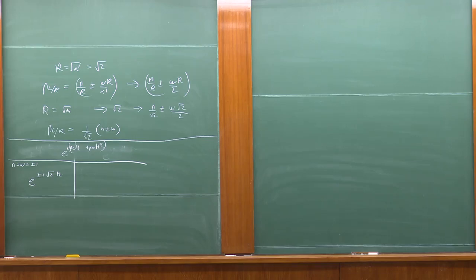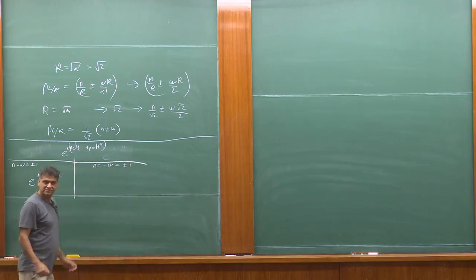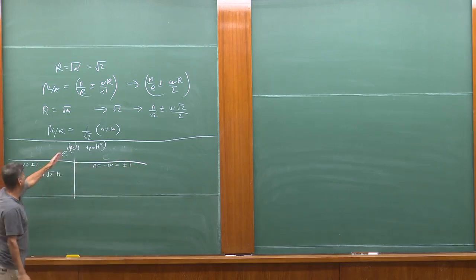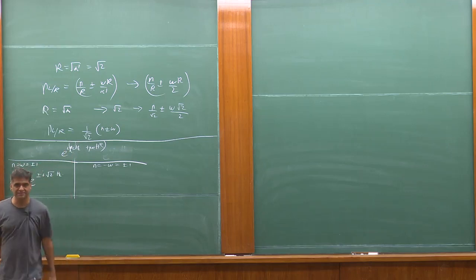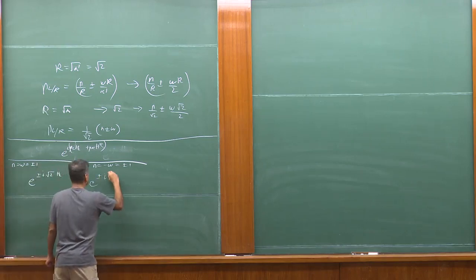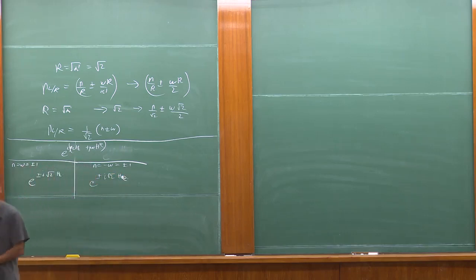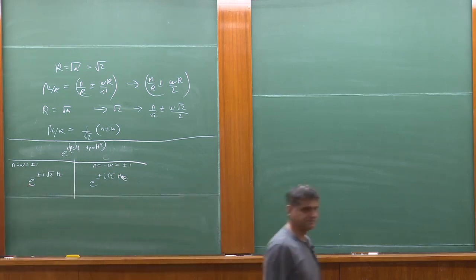On the other hand, if we chose n equal to minus w equal to plus minus 1, then the left moving part of H drops out because PL is 0, but the right moving parts are plus minus 2 by square root 2. So we get e to the power plus minus i square root 2 HR. So two special things have happened at this special value of the radius.